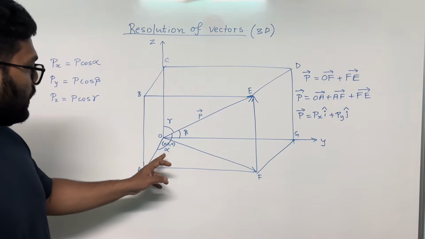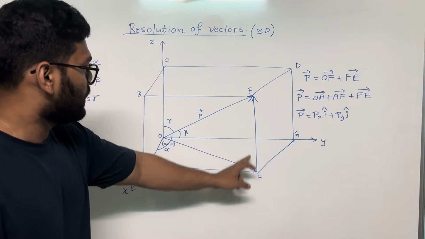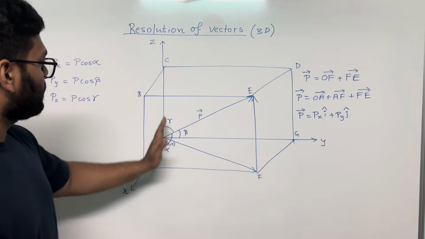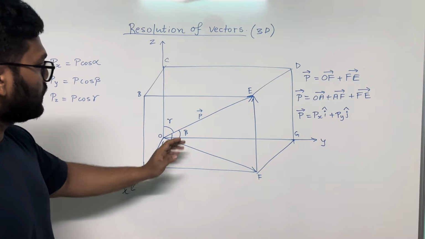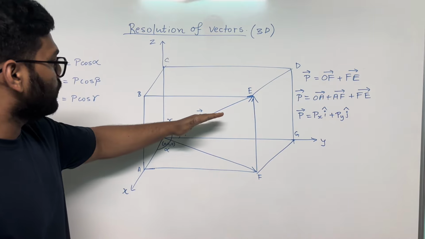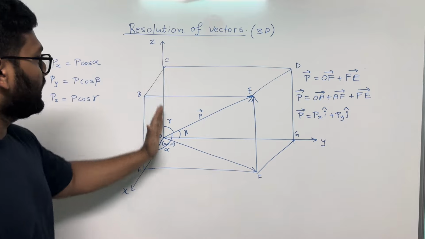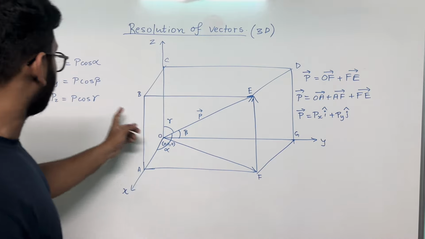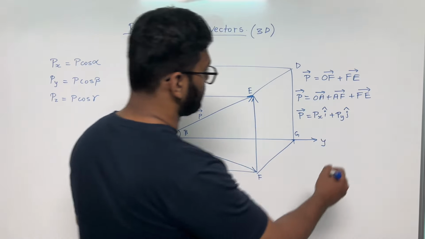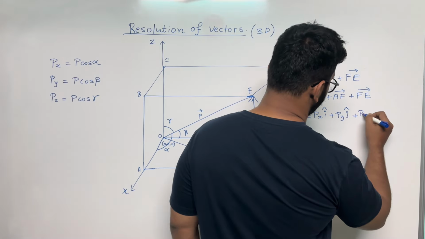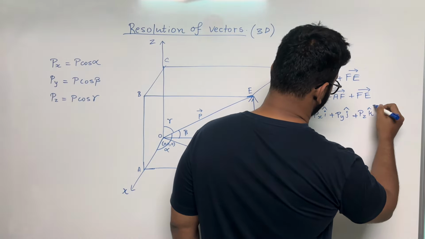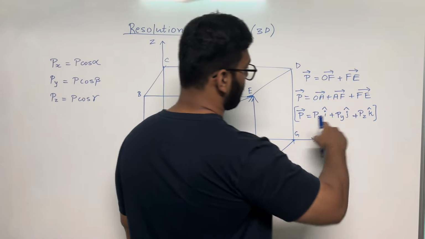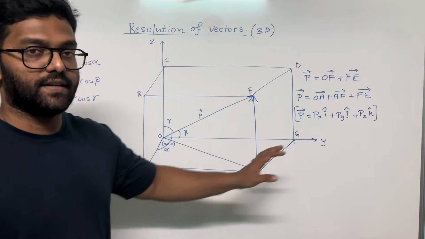Similarly, FE bar is this vector, but the FE bar vector is nothing but the same as OC bar vector, which is nothing but the shadow of this P bar vector along the z axis, which is P cos gamma. And P cos gamma is Pz, so I can write this as Pz k cap. So you can see the vector can be written in terms of i cap, j cap, and k cap components, x, y, z components.